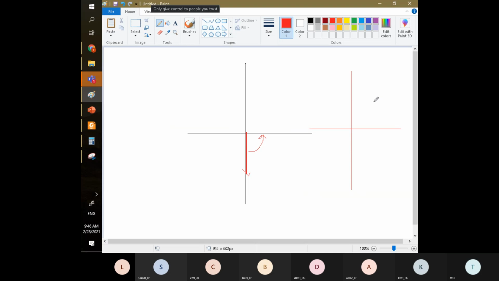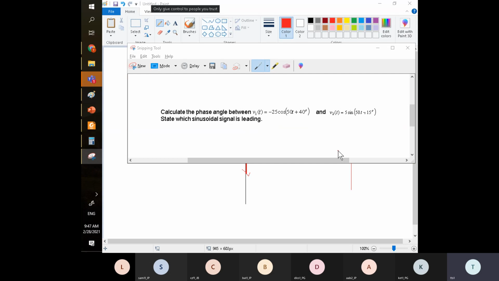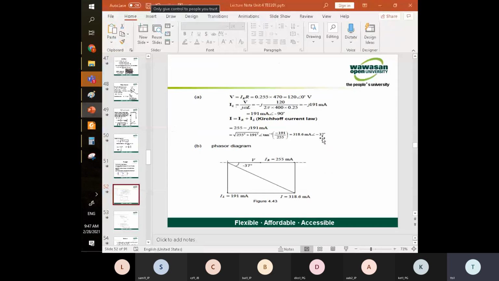Minus 37 means going the opposite way. Remember, going this way is positive, right? If you come from this line to here, it is minus. Here is positive. So minus 37 here means negative. So this is a phasor diagram.